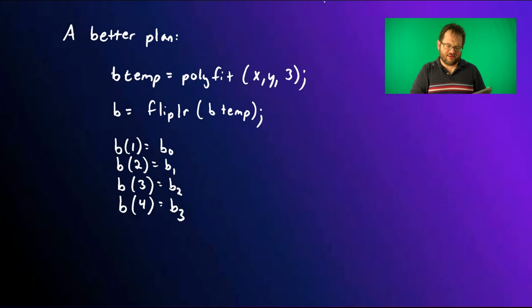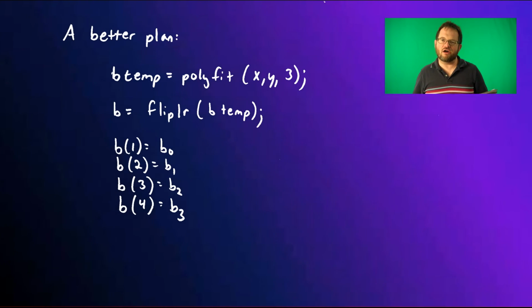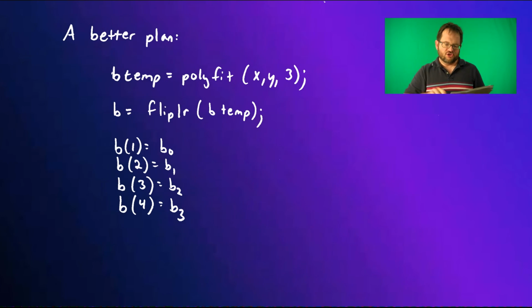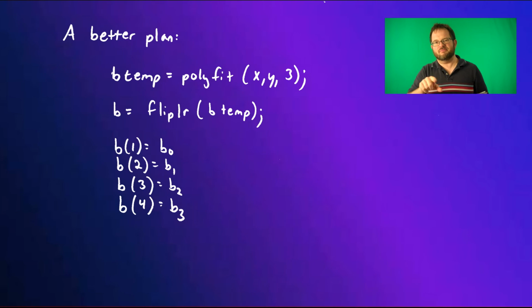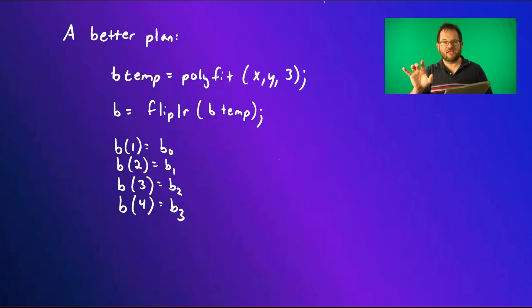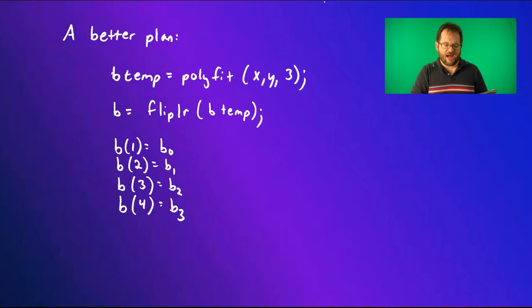Then there's a little command here that is called fliplr. Fliplr takes an array and just reverses the order of it. So fliplr stands for flip left right. There's also a flip up down, but this is flip left right. It'll take those values and reverse them. Now I put that into a new array called b.